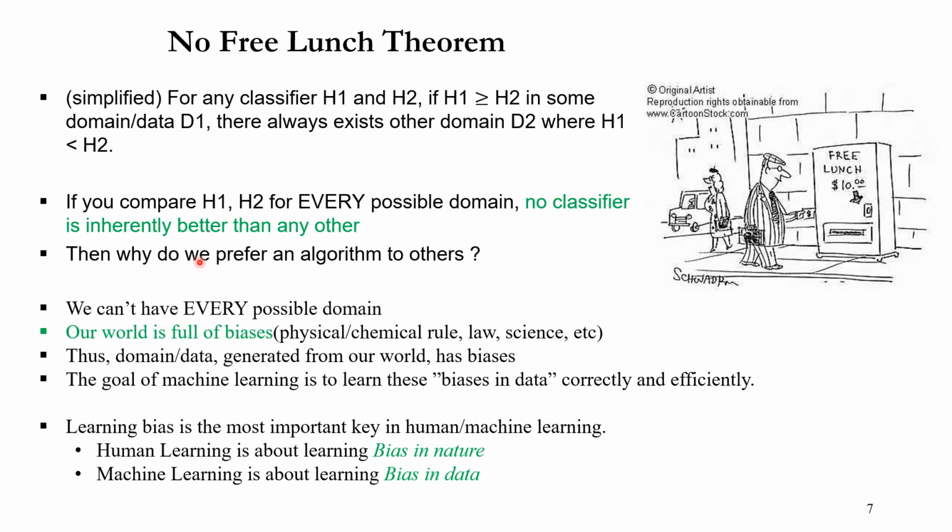So why is that? The reason is we cannot have every possible domain. Here it says if we have every possible data, then these two classifiers are equivalent. But this is unrealistic. We cannot have every possible data domain.